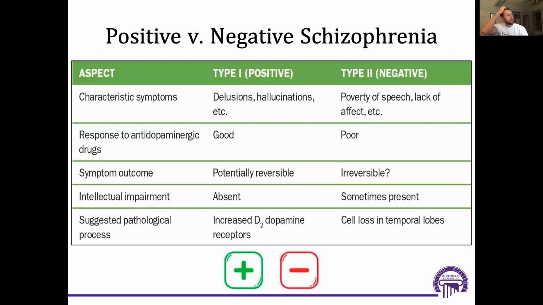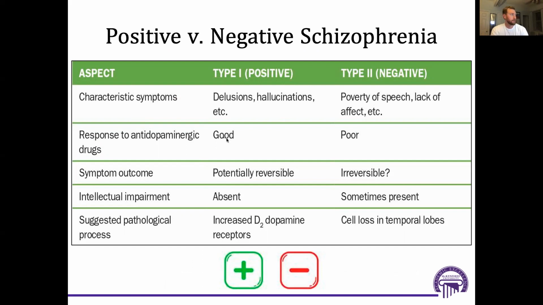So here we have both type 1 and type 2 schizophrenia broken down. Again, positive symptoms here on the left, negative on the right. So characteristic symptoms include, in the case of positive, delusions and hallucinations. Again, neurotypical people don't experience these things. Those with schizophrenia may. Next, response to anti-dopaminergic drugs.